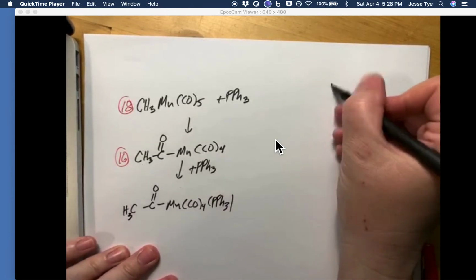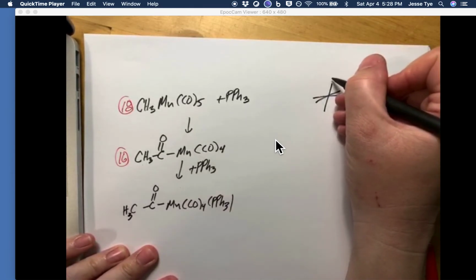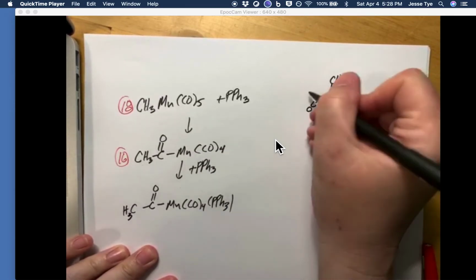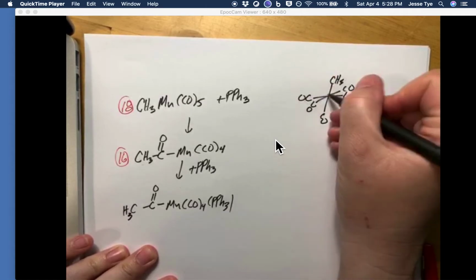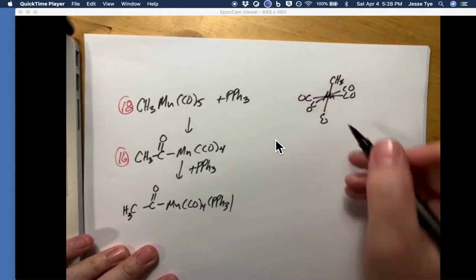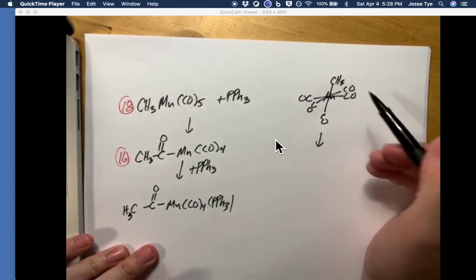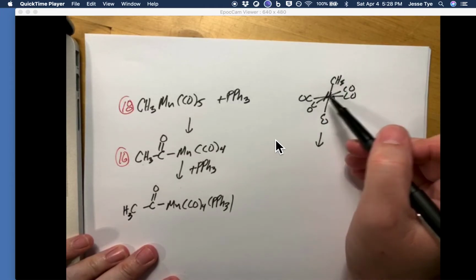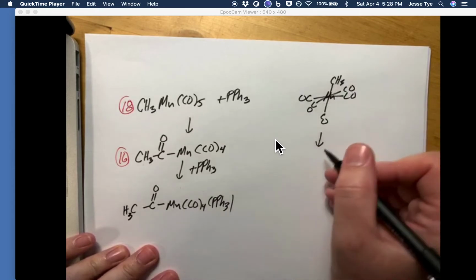If I wanted to be a little bit fancier with that, I would put my structures here, and then I can show a little bit more detail with the 3D structure. So it's going to attack one of the COs that's next to it, and it doesn't matter, they're all equivalent.